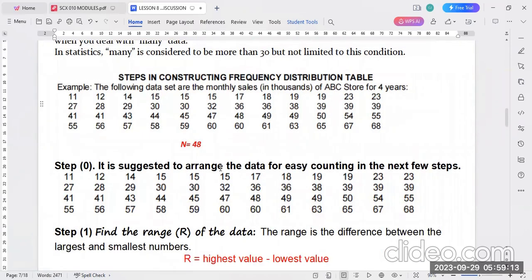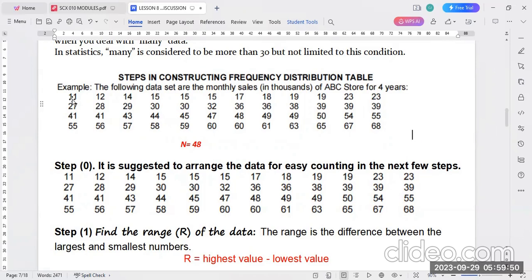Now for the first step in constructing the frequency distribution table, or the FDT, step 0, it is suggested to arrange the data for easy counting in the next few steps. It is not required, but for you to be able to count easier for the next step, so you can arrange it from lowest to highest. But as you can observe from the given set of data, it is already arranged from lowest to highest.